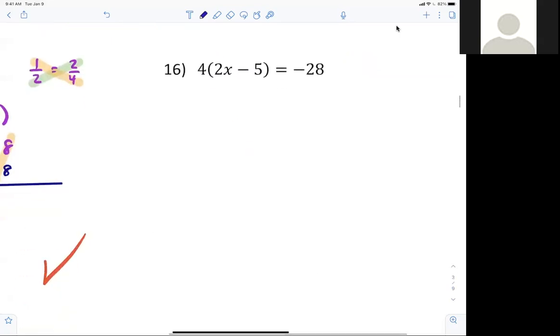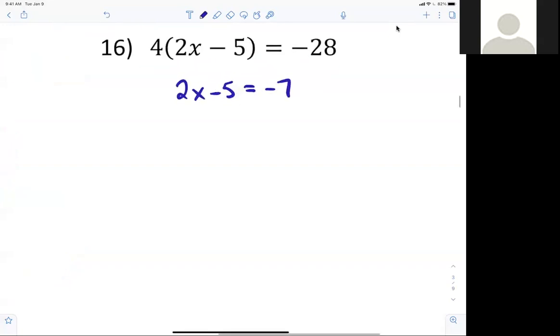16. Now we could distribute the 4. We can also just do what? Yeah, divide it out. So 2x minus 5 equals what? -7. And then we do what? Add 5.